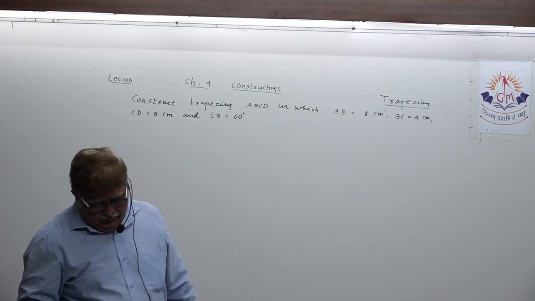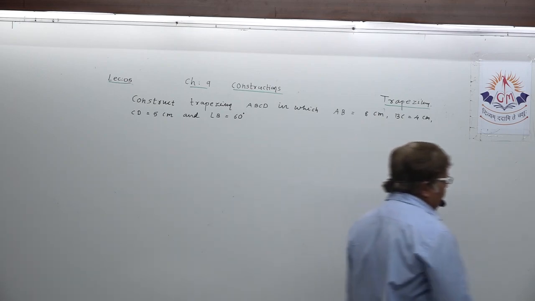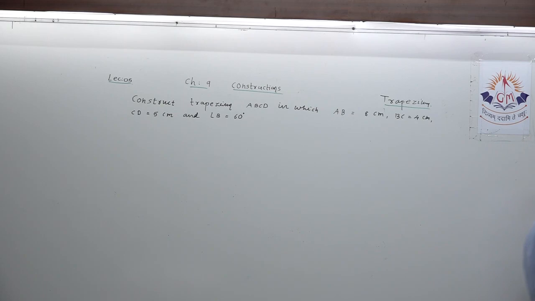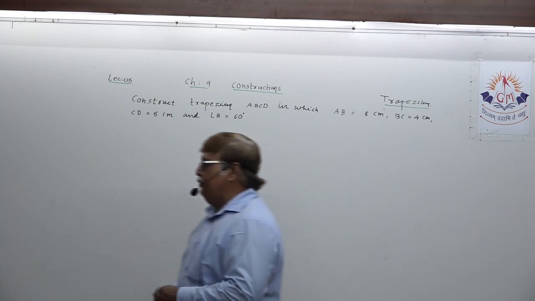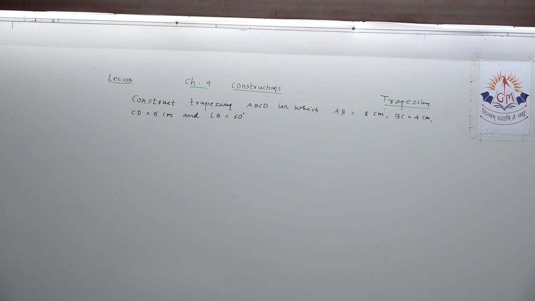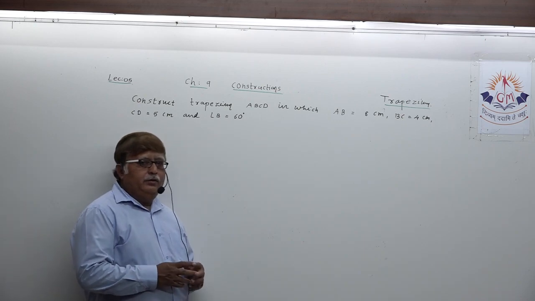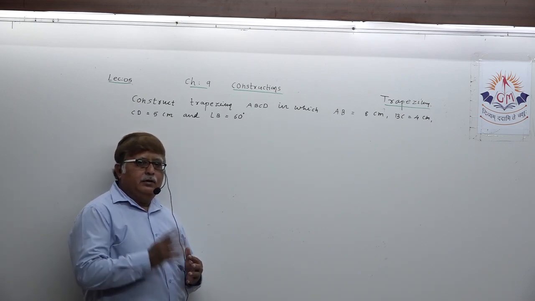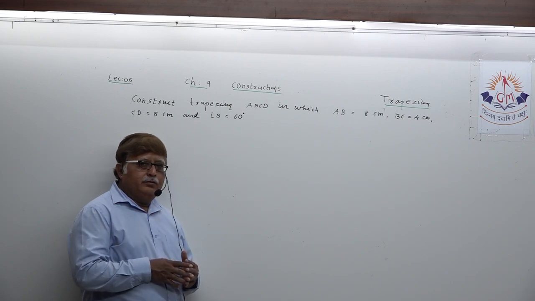Okay? We are going to construct a trapezium under these mentioned conditions. Which are those conditions? Please verify. You will construct trapezium ABCD under the condition where you are already given 3 sides.